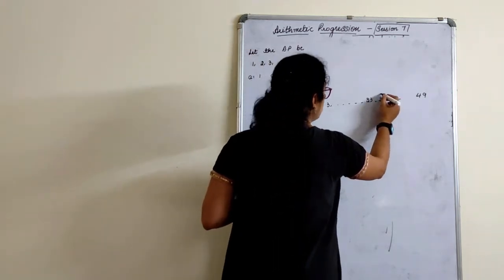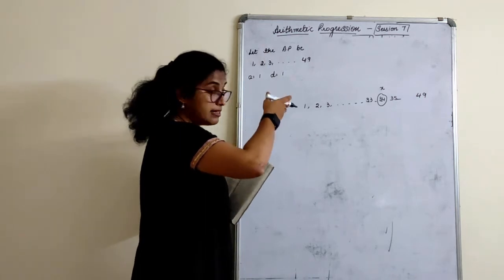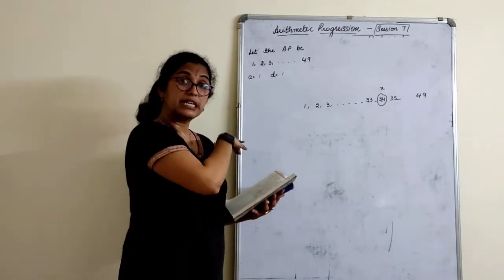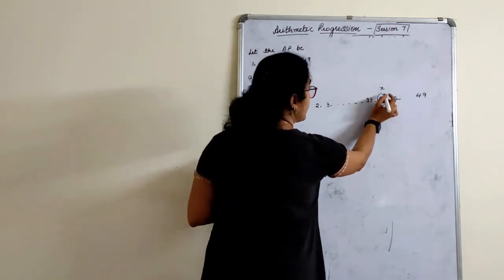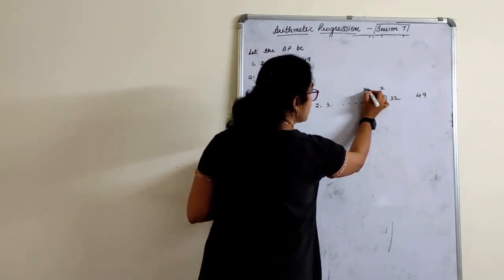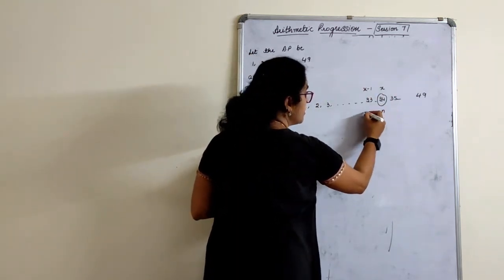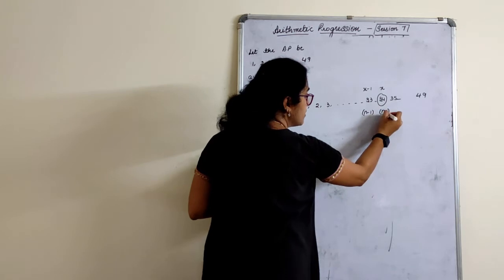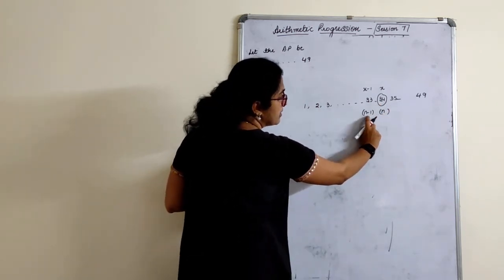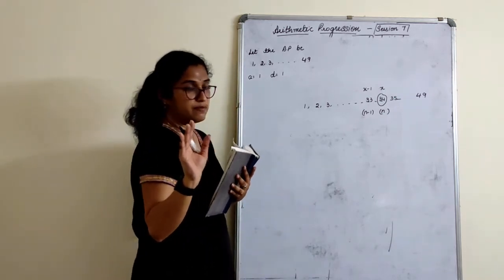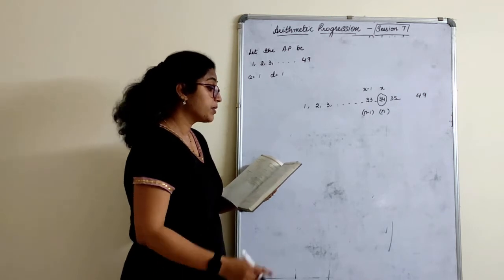So if I assume that this number is x, the preceding number, how do I write? Can I say this is x minus 1? Because n is 34 if I consider, n minus 1 is 33. Just an assumption. If this is x, this is x minus 1.